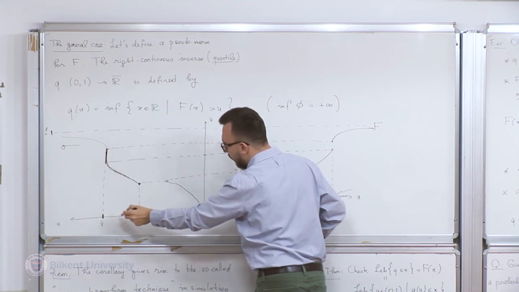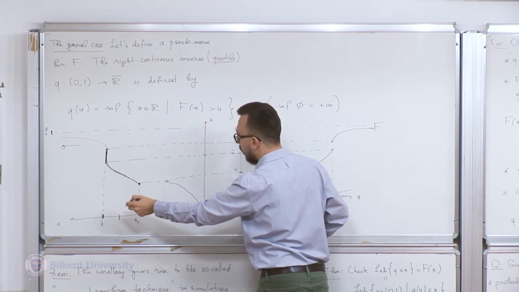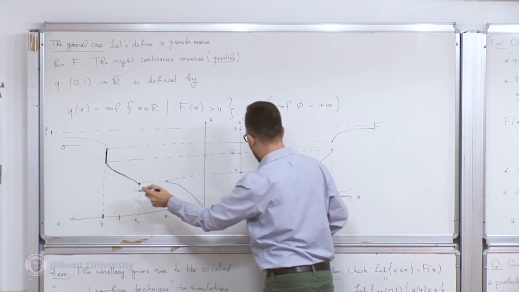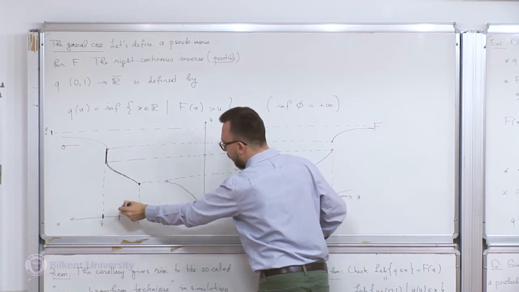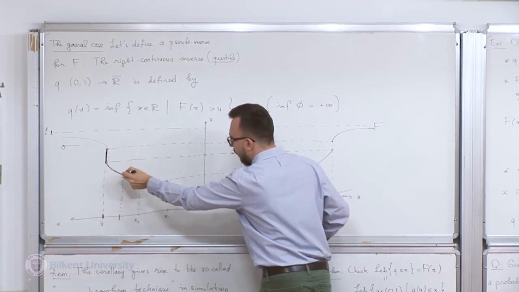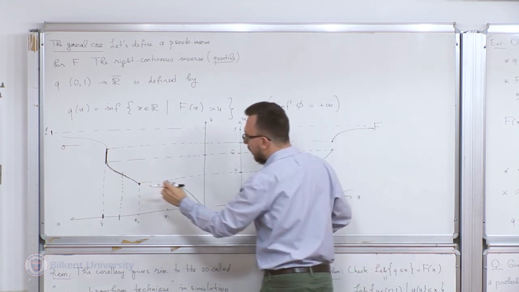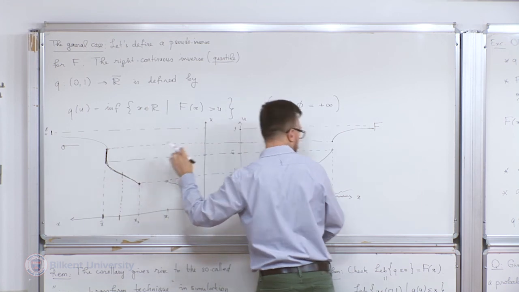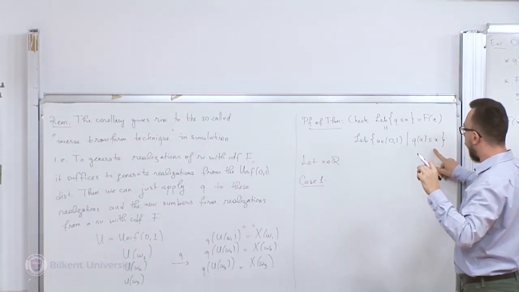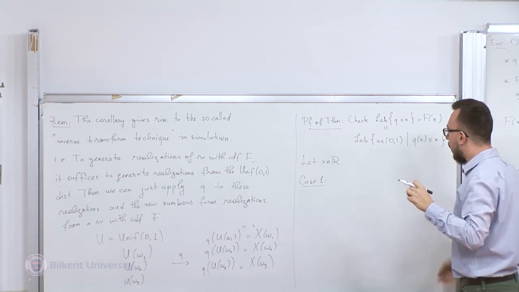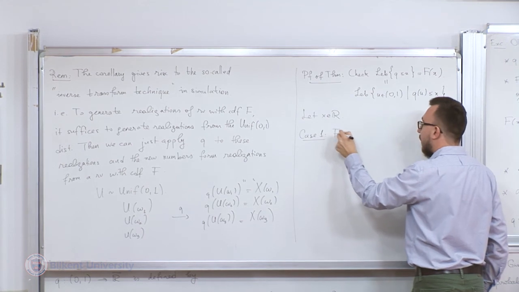If you look at a point at which the function is invertible, so everything's nice, it is just one-to-one, then q of u is less equal x if and only if u is less equal F of x.